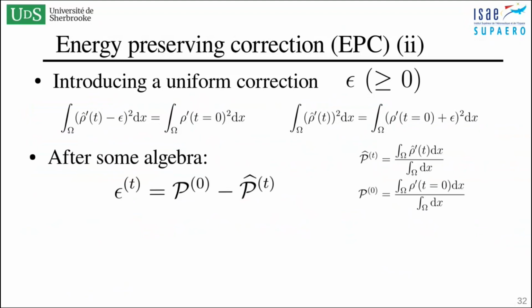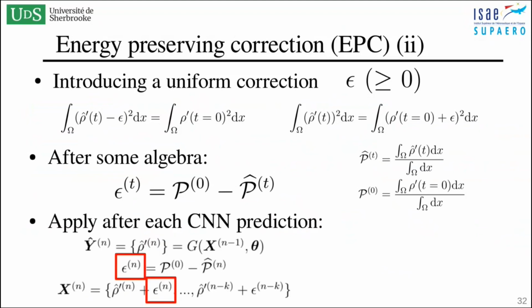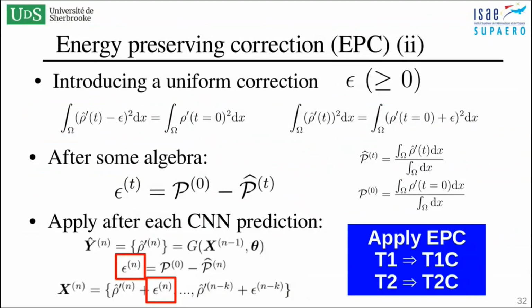After some algebra, we can find an analytical expression for this correction epsilon, which can then be applied after each neural network prediction, as you can see here. Then we are going to show the results as T1C and T2C, which means we are correcting each one of these methods.